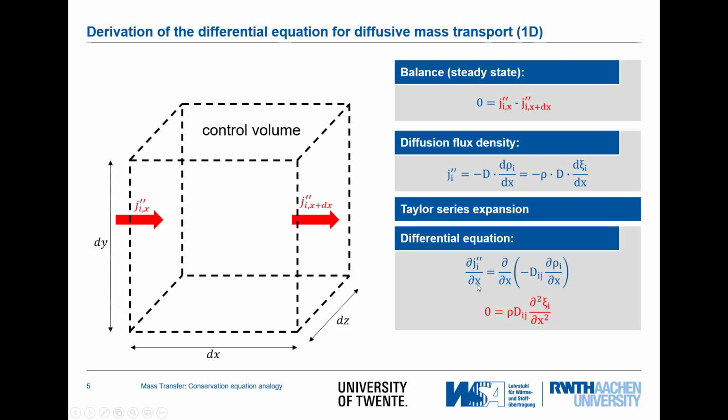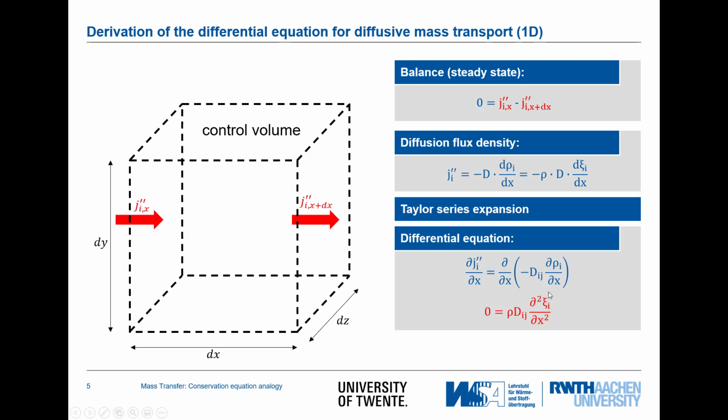is equal to 0, and so we can put this change, including Fick's law, we can have from the first gradient of the mass flux, we end up with a second gradient of the density, or with a second gradient of the mass fraction xi.